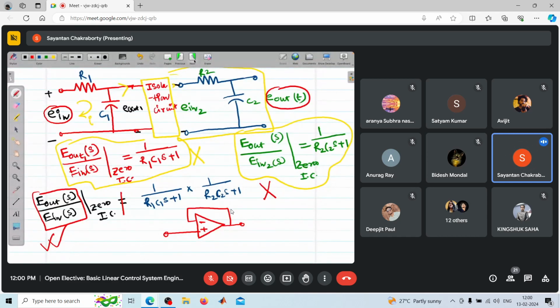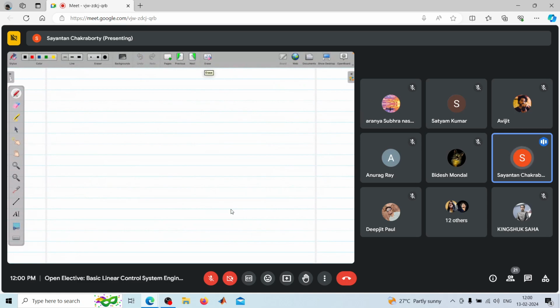Again, the question comes: if this isolation is not there, then how do we find the transfer function? Then we have to resort to the very basic principle, or derive the transfer function from first principles. This is the first part of the circuit, this is the second part of the circuit, and we have E in and E out.